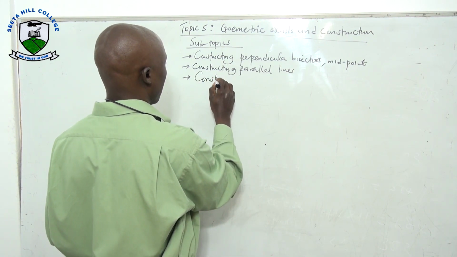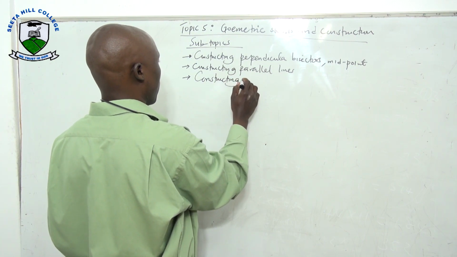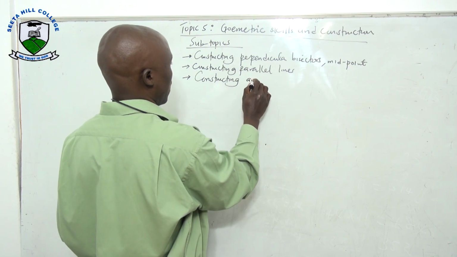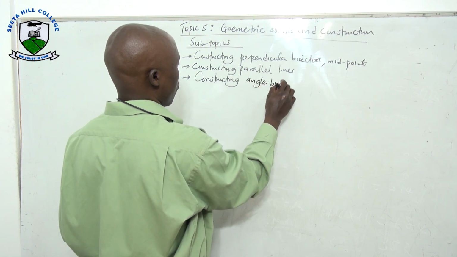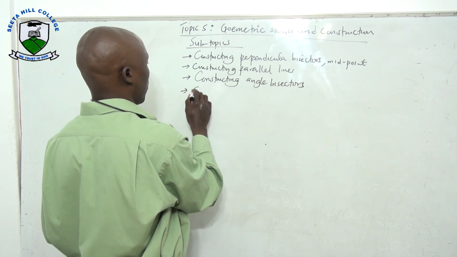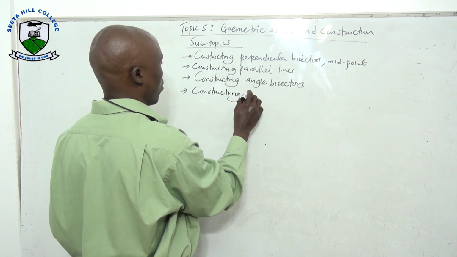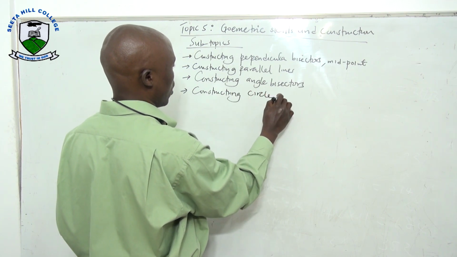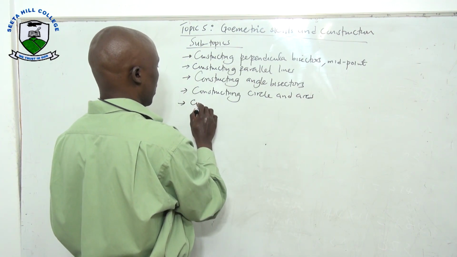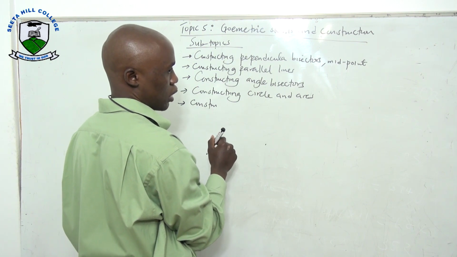Maybe before that, constructing just angle bisectors, then constructing circles and arcs, then constructing. These are now all construction skills.